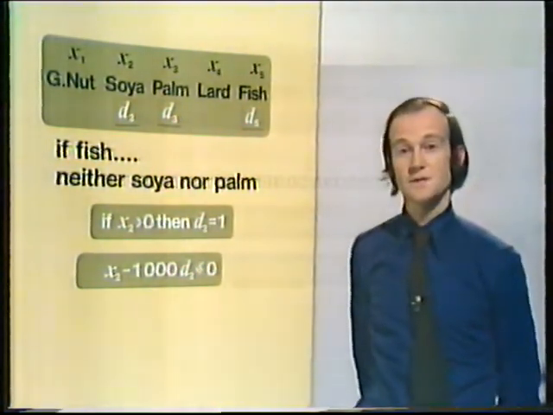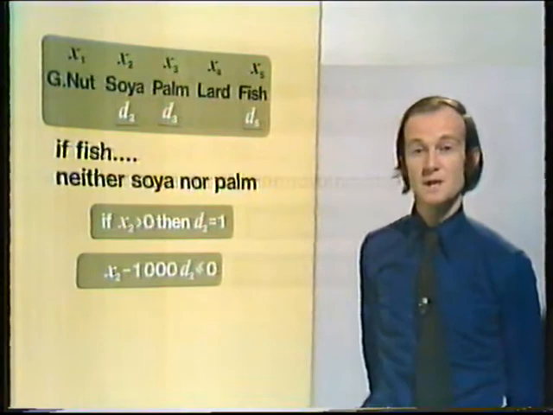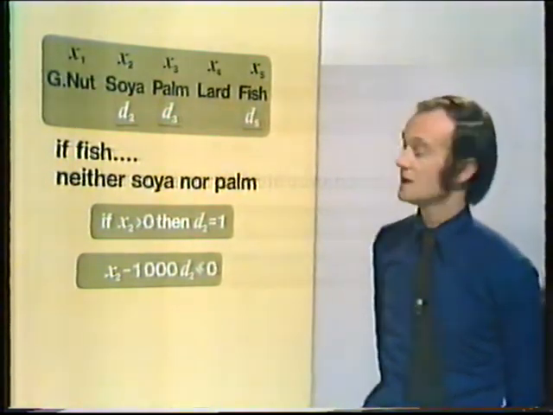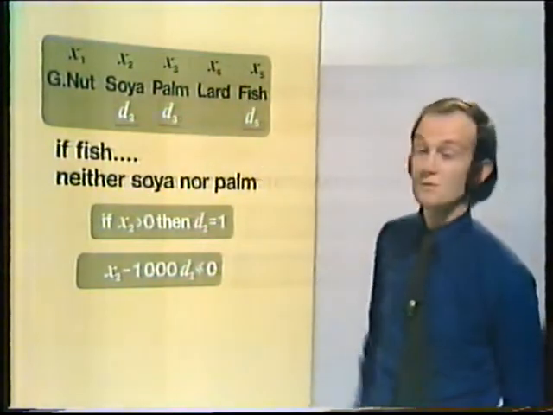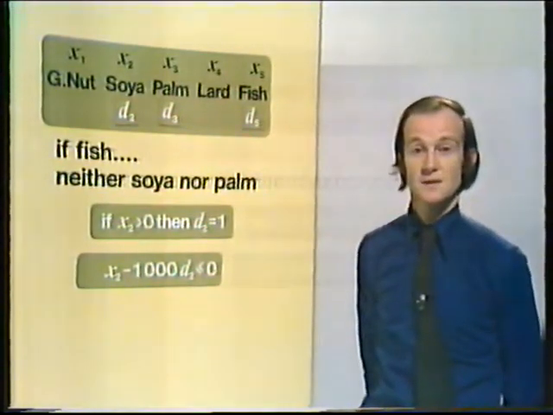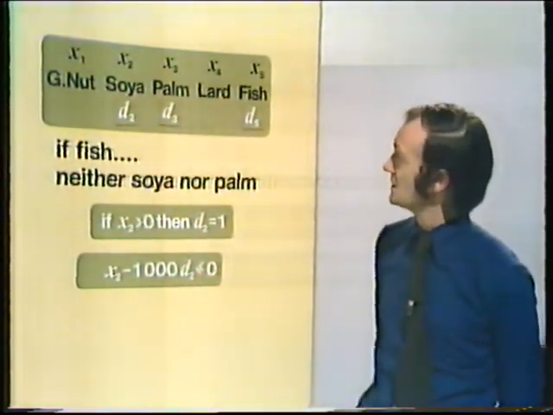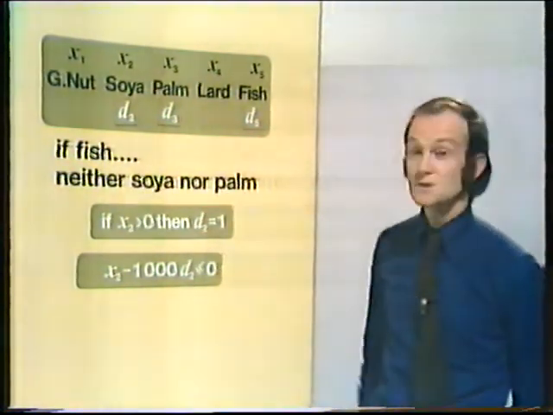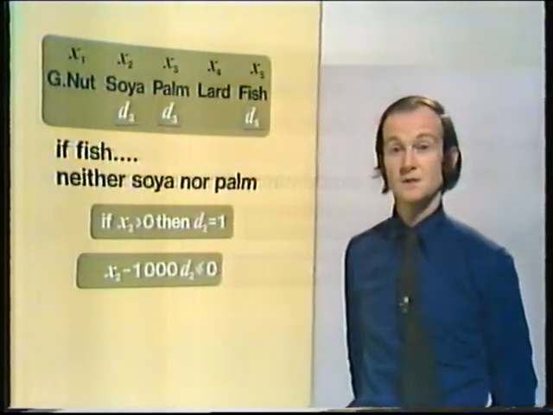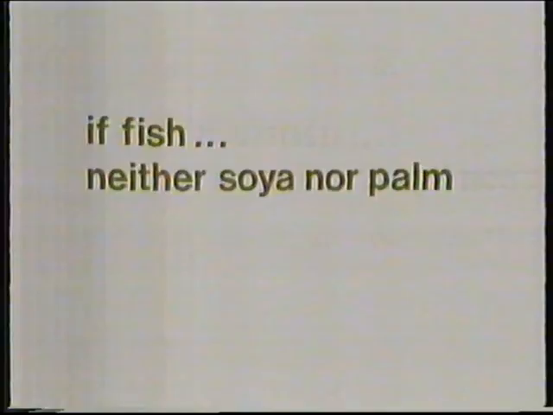So we've now equipped ourselves with 3 0, 1 indicator variables indicating the presence or absence of these corresponding 3 ingredients. So now we're getting somewhere. Let's see if we can model this logical restriction using these 3 new variables.